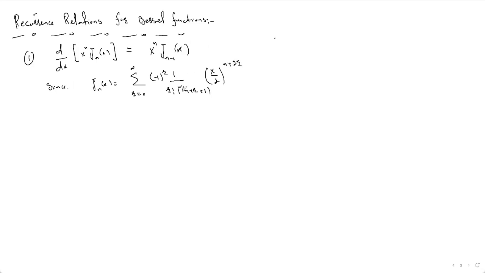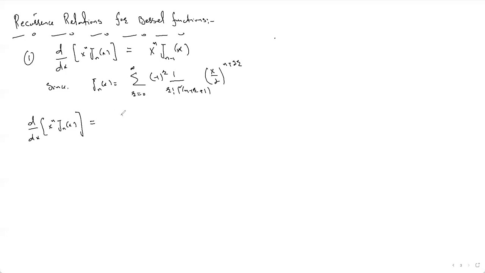This is the solution we have already obtained. Now I will just find the derivative of this. So d by dx of x raised to power n Jn of x: I will multiply by x raised to power n and then take the derivative.